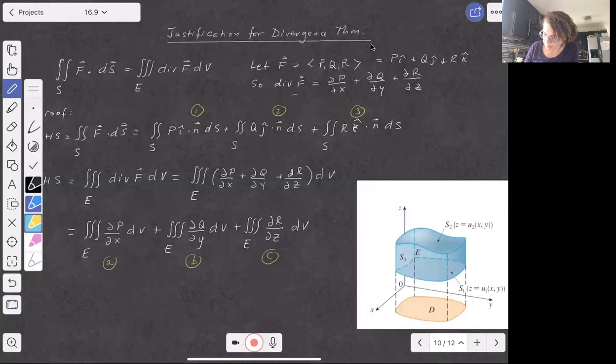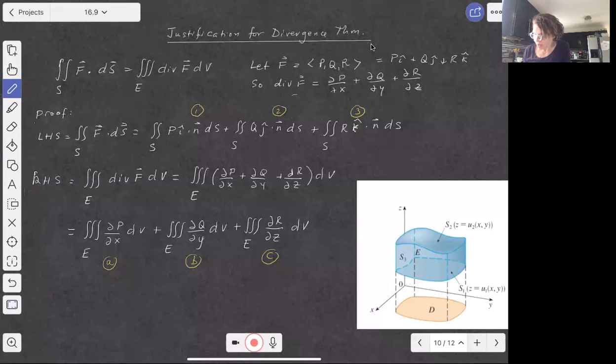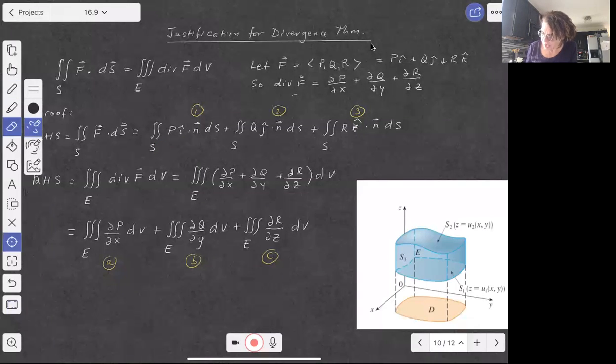So the way the proof goes is that, at least in some special cases, I can show that this integral, the surface integral of P i hat dot n dS, is equal to this integral here, the triple integral over E of dP/dx. And this one is equal to that one, and this one is equal to this one.